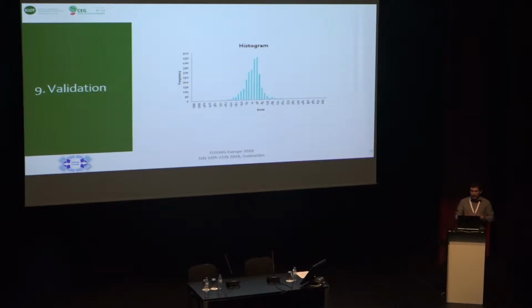We found this histogram where we can see the differences between the results of each cell and the population that is in the enumeration area, and it has a normal distribution. That was also what we were expecting for this type of error distribution.